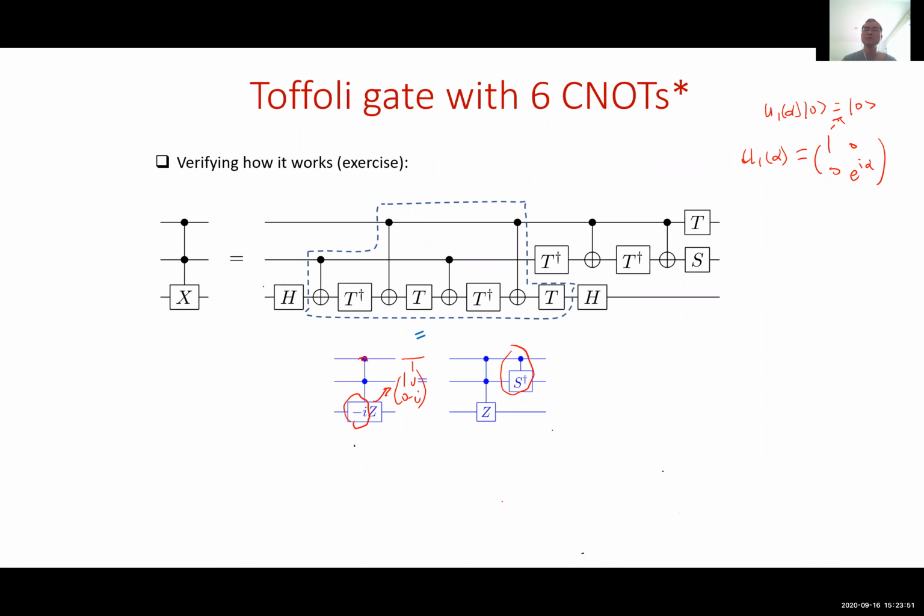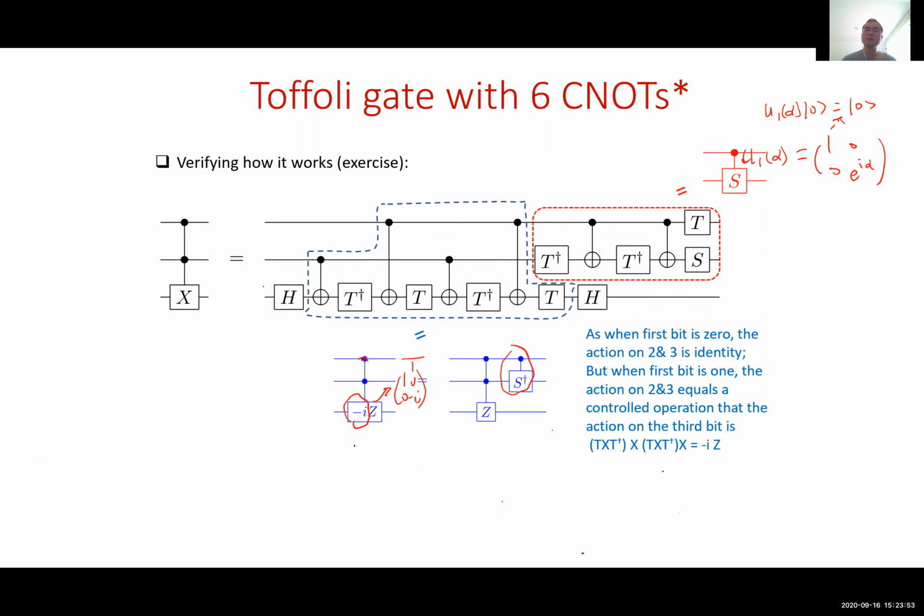Okay. And if I look at the other block that I indicated in the red dash box, you can see that this is a control S gate. So S is diagonal 1, i. It's really just simple checking: when it's 0, it should be identity.